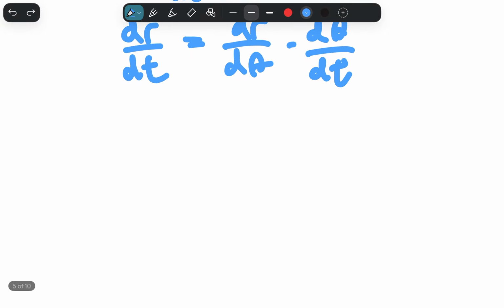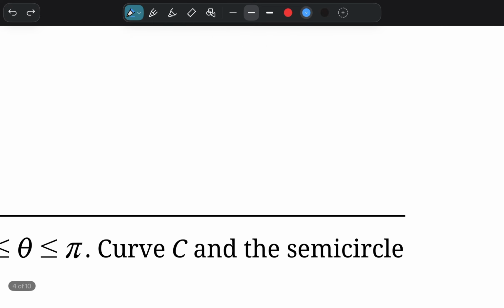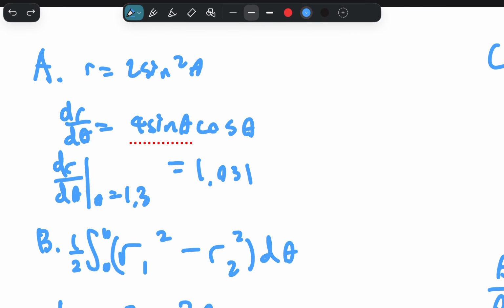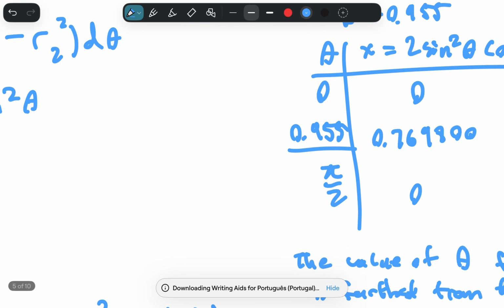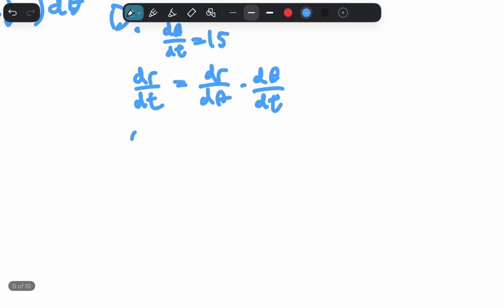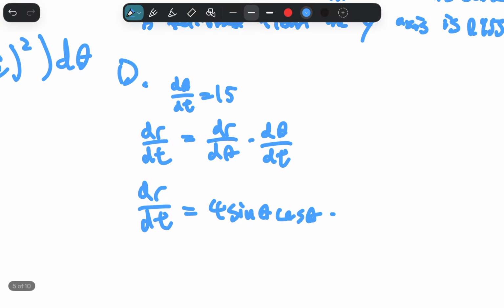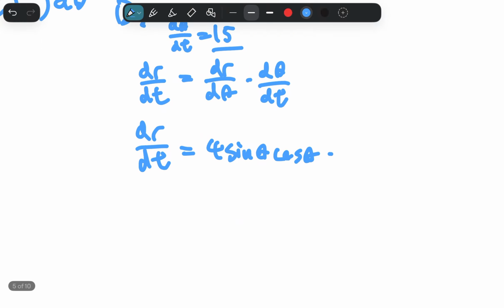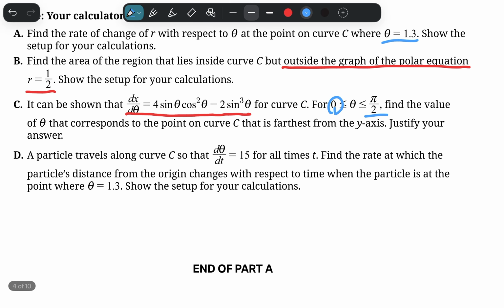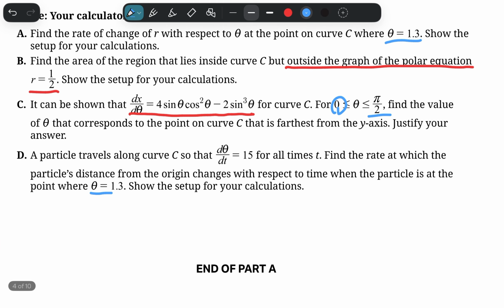But we already found dr/dθ in part A. We know that dr/dθ is equal to 4 sine θ cosine θ. So using that in this problem, dr/dt is equal to dr/dθ, which can be substituted for 4 sine θ cosine θ, times dθ/dt, which we know from the problem is 15. And the problem tells us to find the rate at which θ is equal to 1.3.